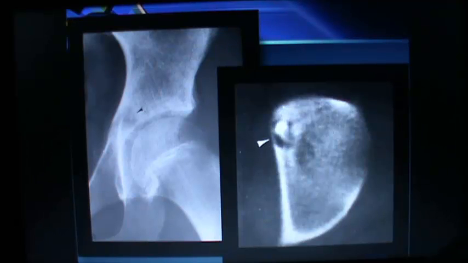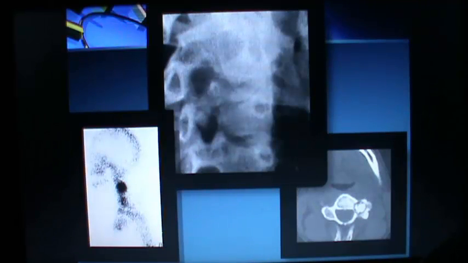Osteoid osteoma in the acetabulum. Here in a pedicle, resulting in sclerosis of the pedicle.